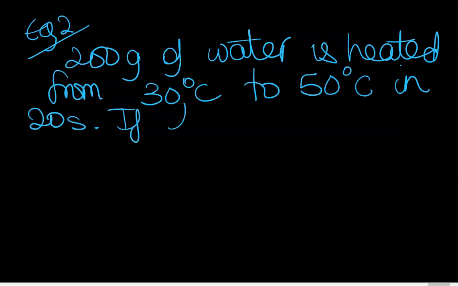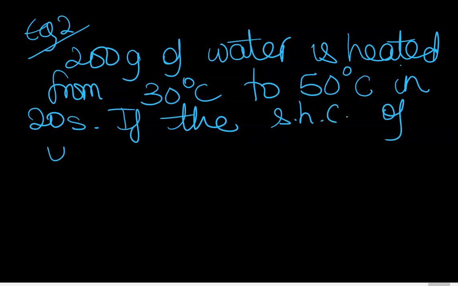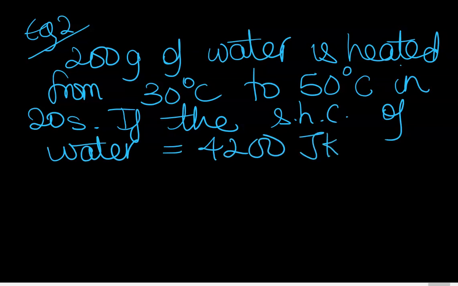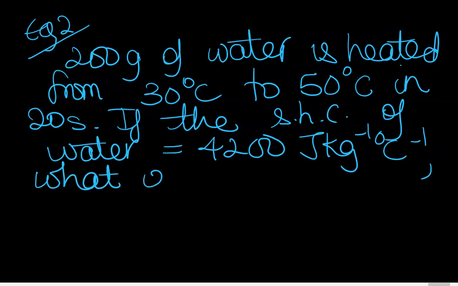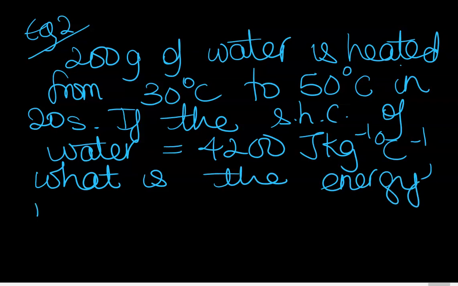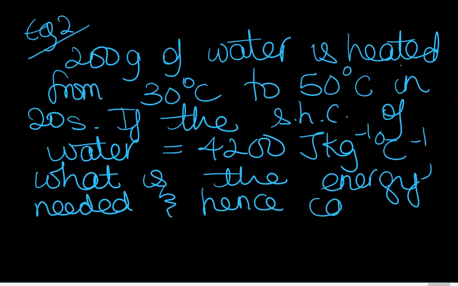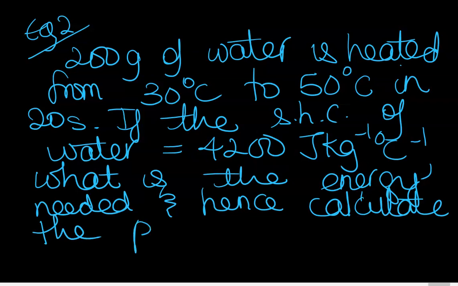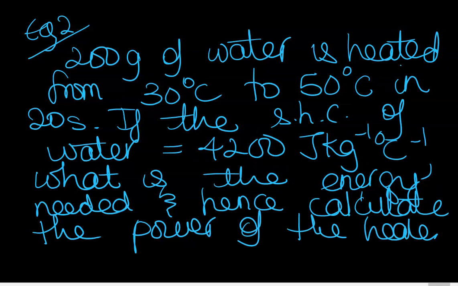If the specific heat capacity of water is 4200 joules per kilogram per degree Celsius, what is the energy needed and hence calculate the power of the heater.